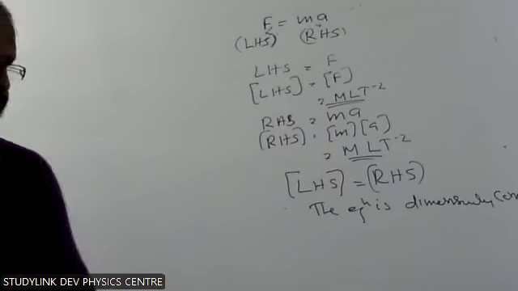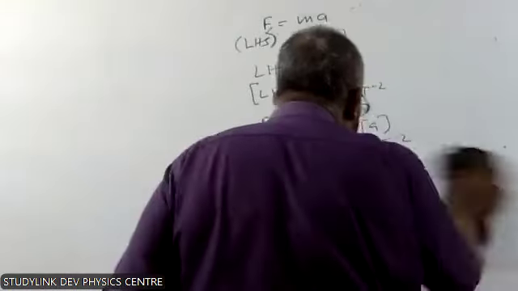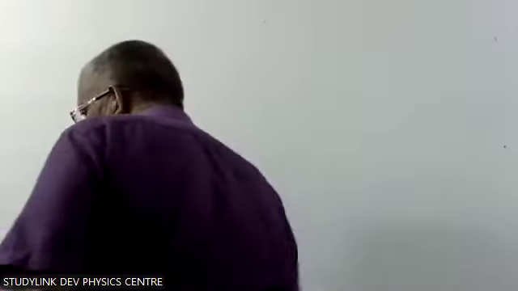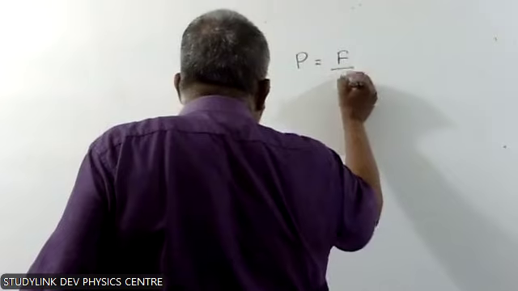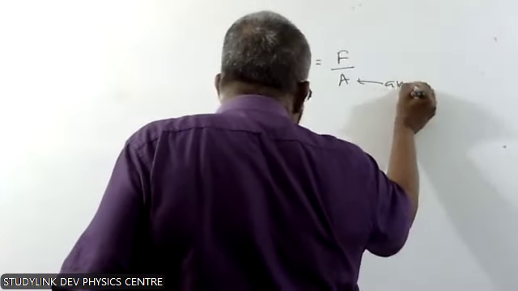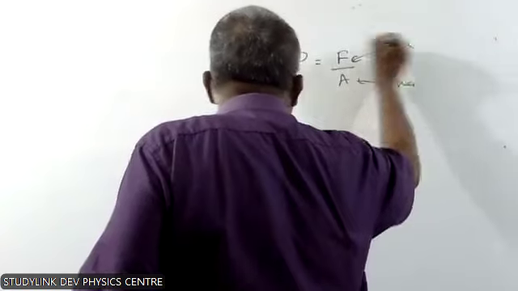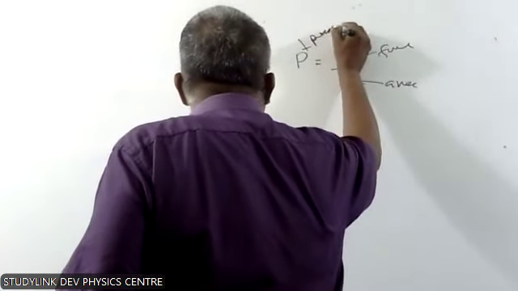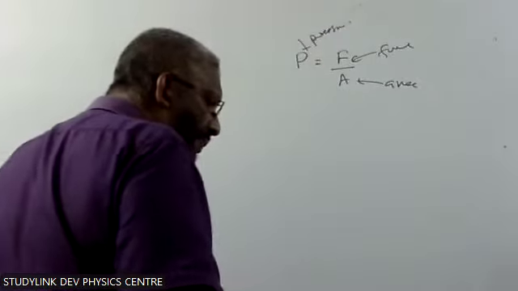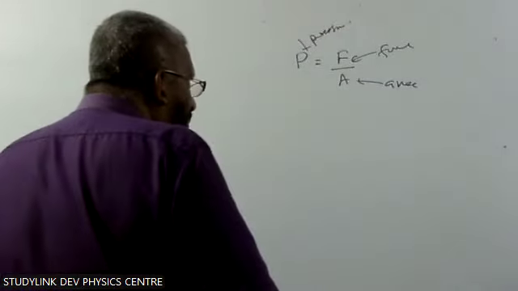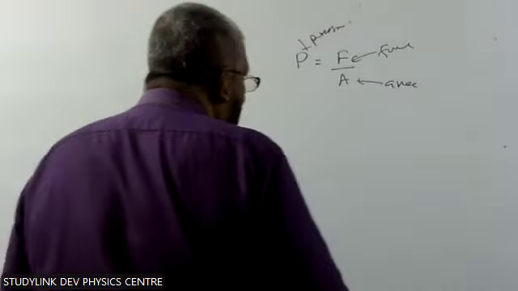Right, next situation. Pressure is equal to force divided by area. This is area, this is force, this is pressure. First we have to get the dimension of the left hand side.